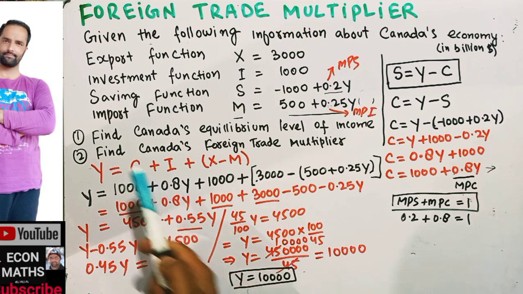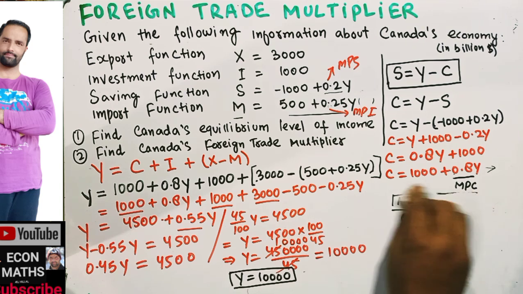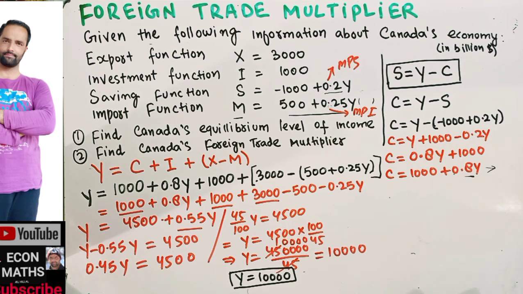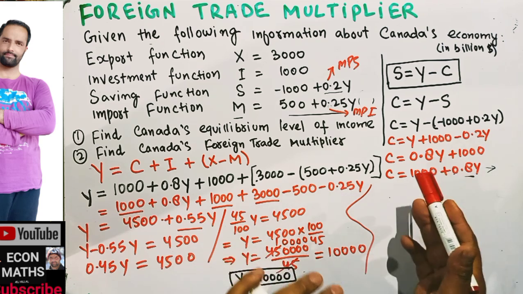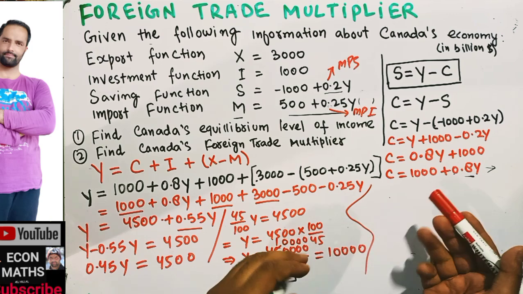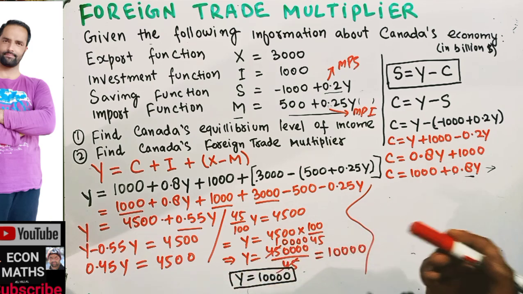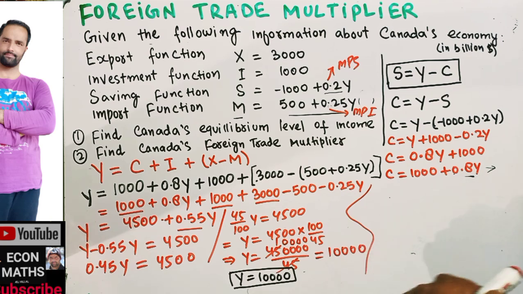Now the second part was to find Canada's foreign trade multiplier. So what do we mean by the foreign trade multiplier? The foreign trade multiplier shows us the amount by which the national income of a country will be raised by a unit increase in domestic investment on exports.